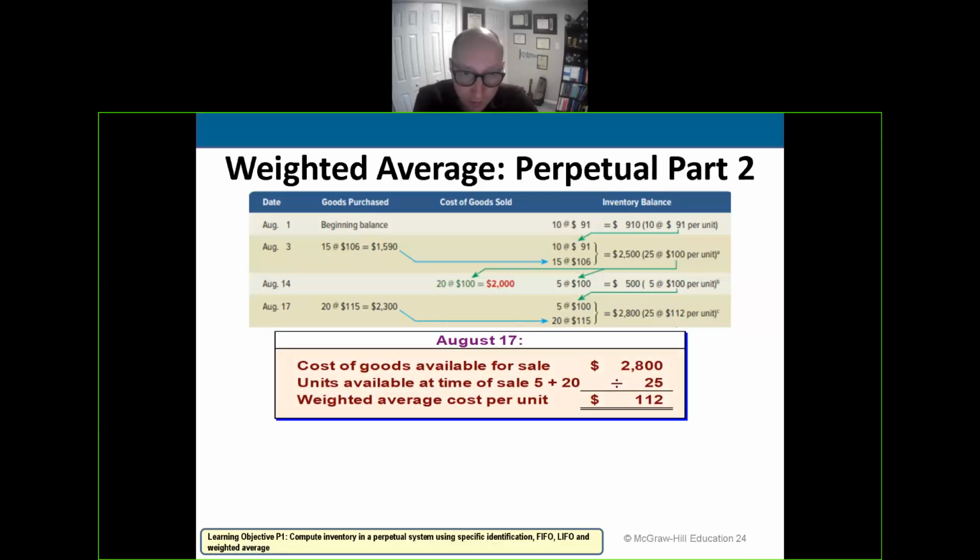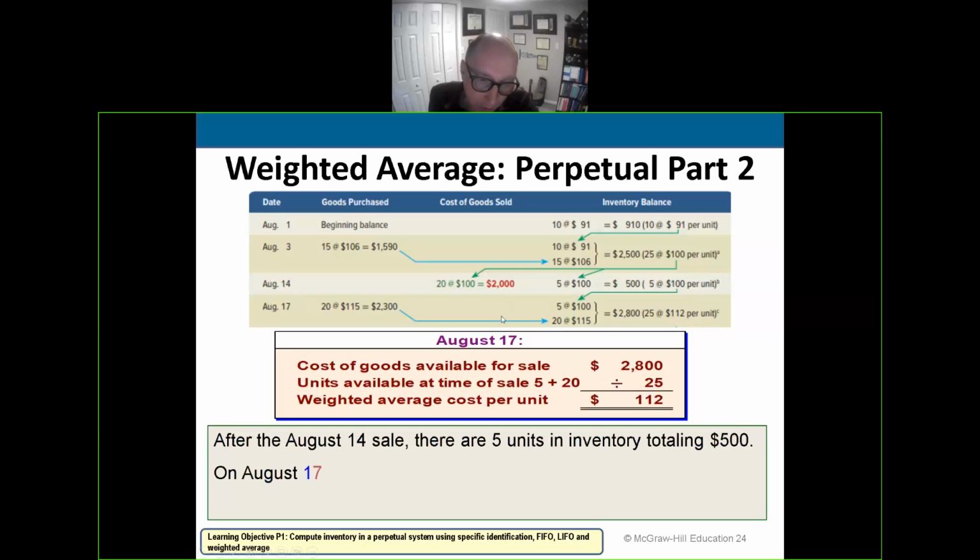So on August 17th, I got another 20 bikes in at 115, which brings me up to 25 bicycles for August 17th, 5 plus the 20. The cost of goods is 2,800, divided by the 25 bicycles on August 17th. It gets me a weighted cost per unit of $112 per bike on August 17th.